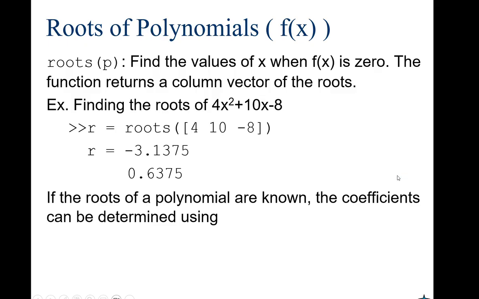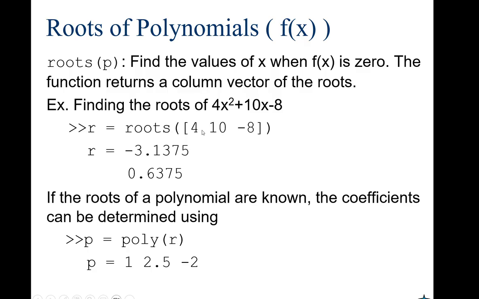Now, if you know the roots, but not the polynomial, there's also a reverse function called poly. If you know the roots, which in this case we've declared as r, and you plug them into the poly function, it will give you a normalized result of polynomial coefficients. So it might look different, right?